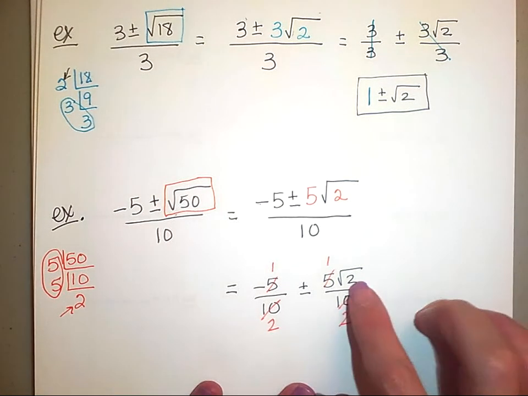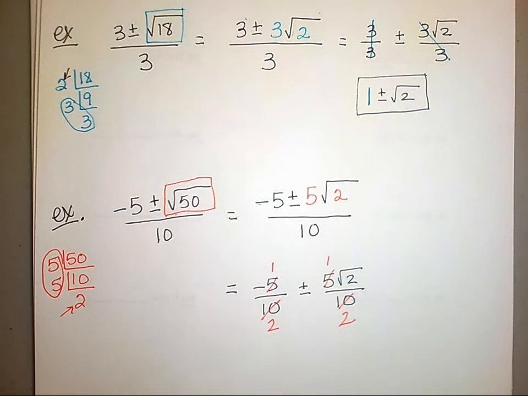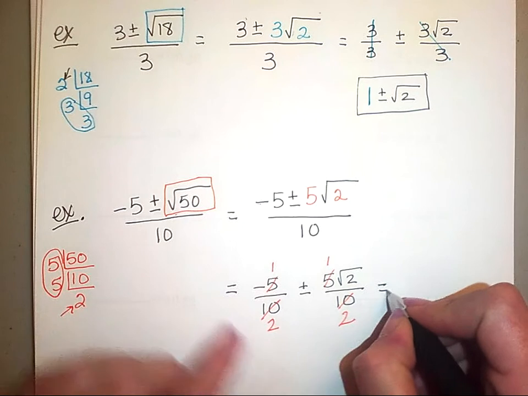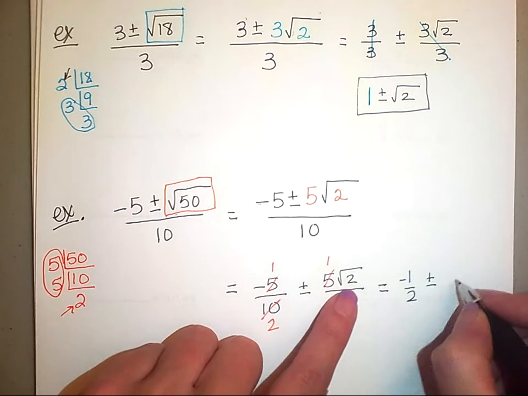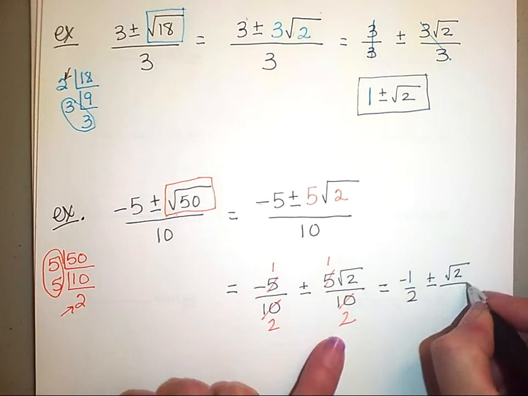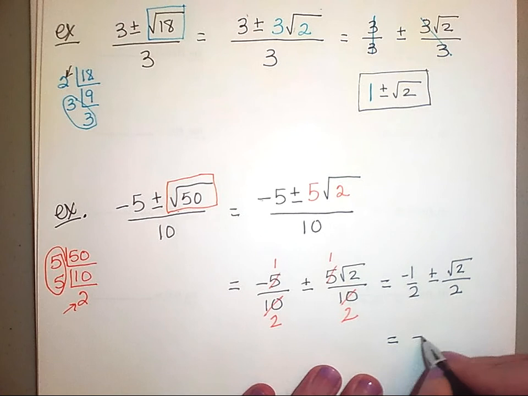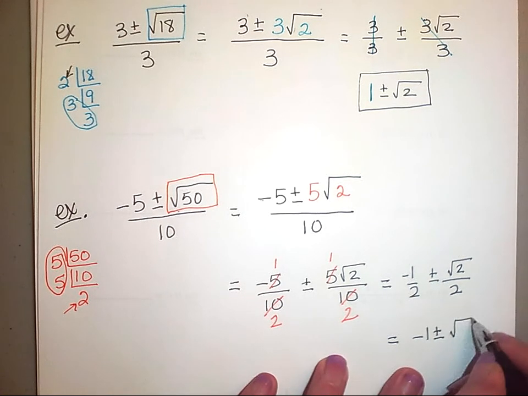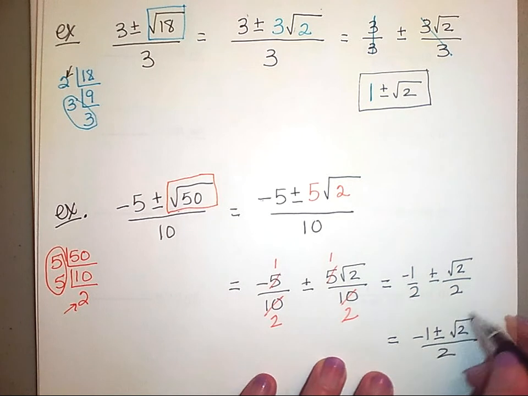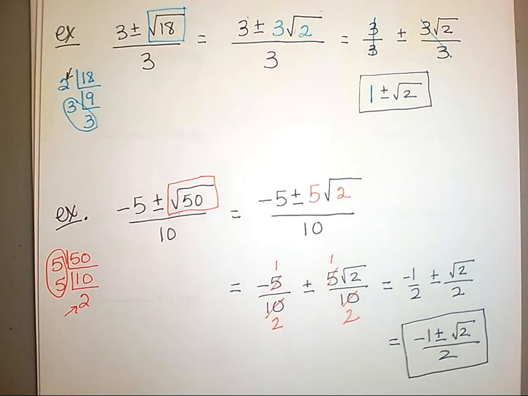Notice when I'm simplifying, I do not touch what's underneath these radicals. So this is equal to negative 1/2 plus or minus 1 times root 2 is just root 2 over 2, which we could rewrite as one great big fraction again. So negative 1 plus or minus root 2 over 2. So it's not that we're always going to be able to get rid of those fractions, but we may be able to simplify them.